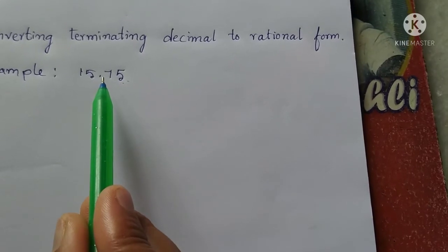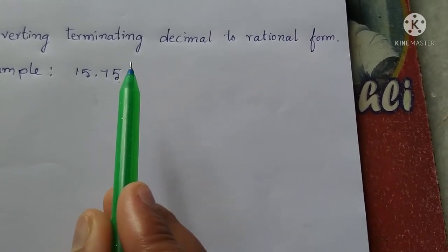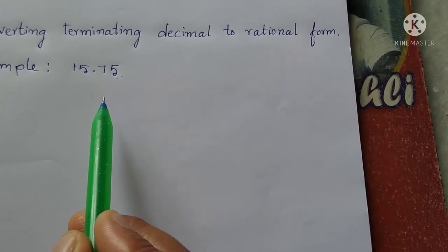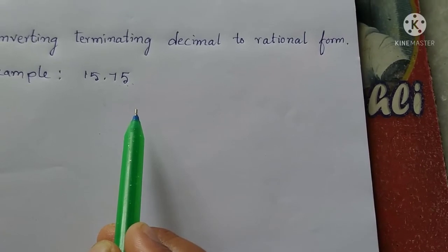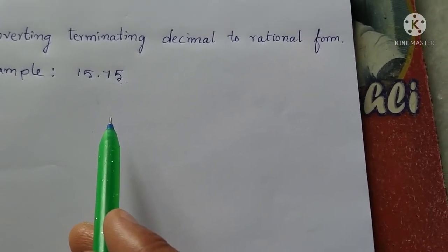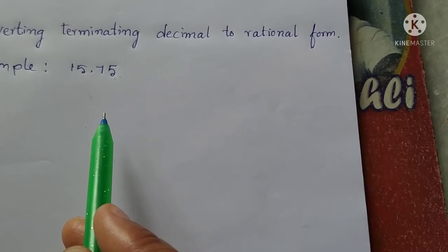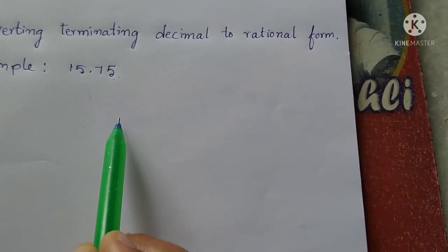Multiply and divide the given decimal with this number.